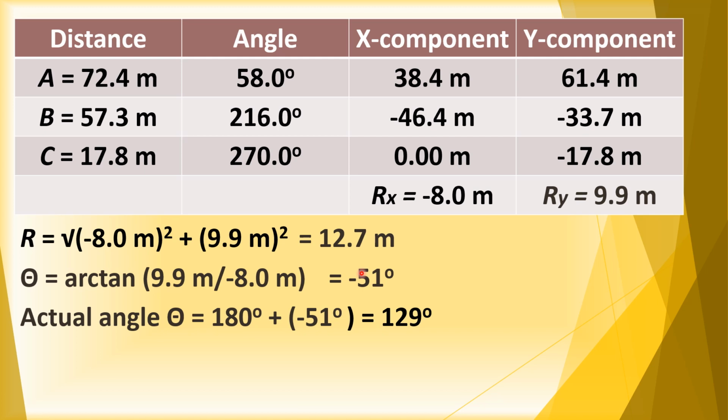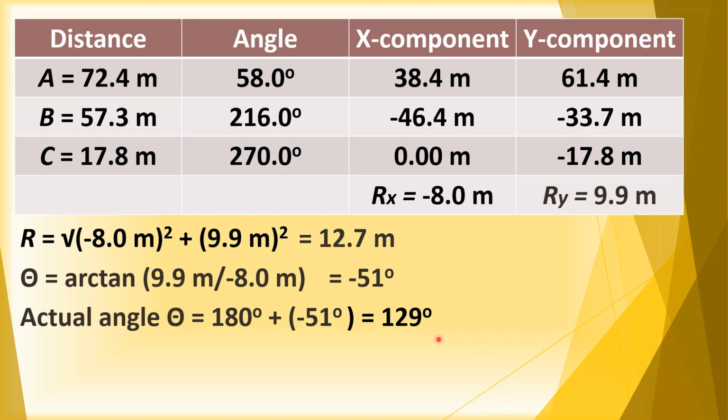if you're going to check the vector diagram earlier presented, this actually means that the actual angle theta can be determined by just adding 180 degrees plus negative 51 degrees, or an angle equal to 129 degrees.